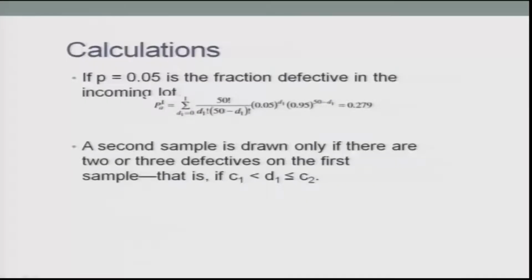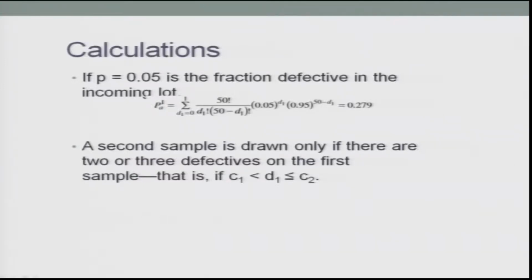That would be multiplied with the probabilities p and 1 minus p, which is the level of acceptance or rejection which you already have. Now, if small p is given as 0.05, which is 5%, the fraction defective in the incoming lot, then you put those values in and the value comes out to be about 27.8, which is 28%.